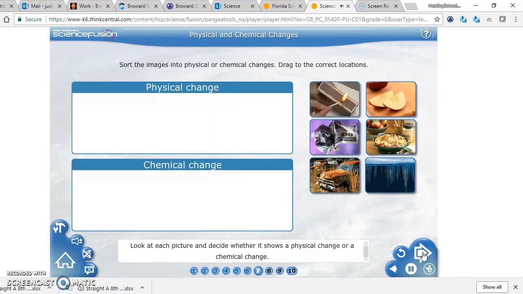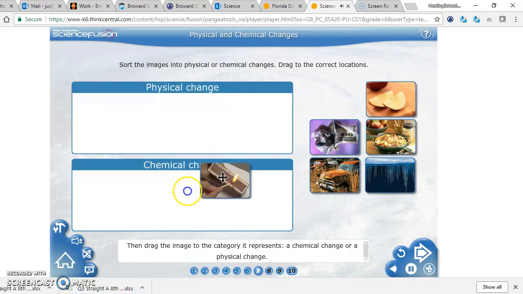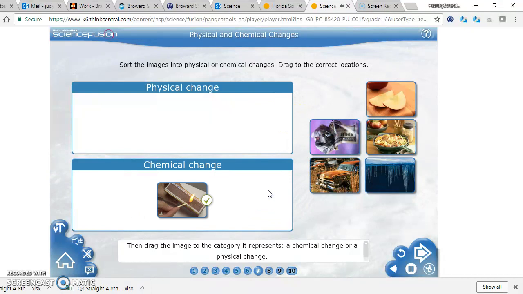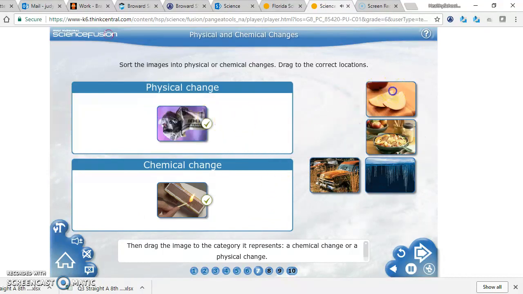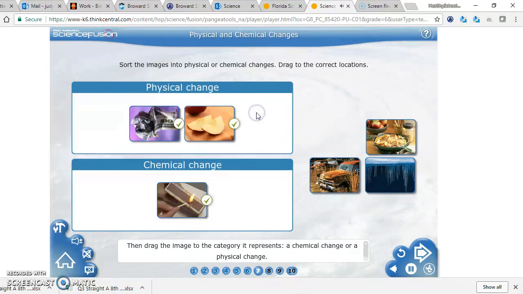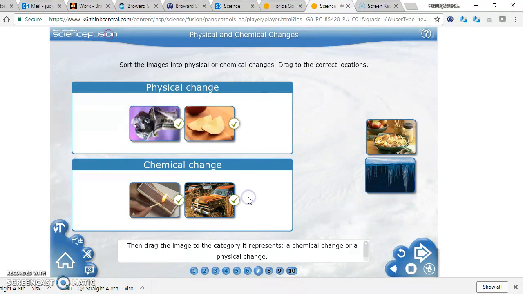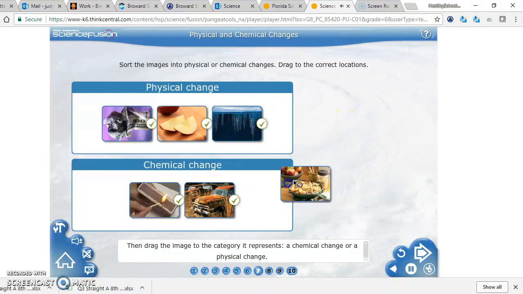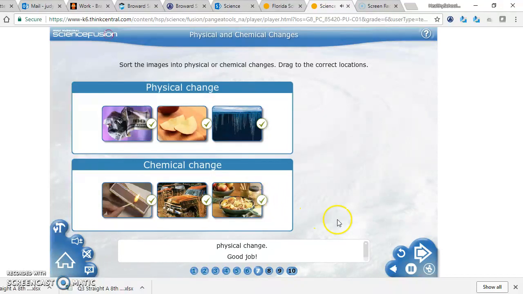Sort the images into physical or chemical changes. Drag them to the correct locations. Good job!